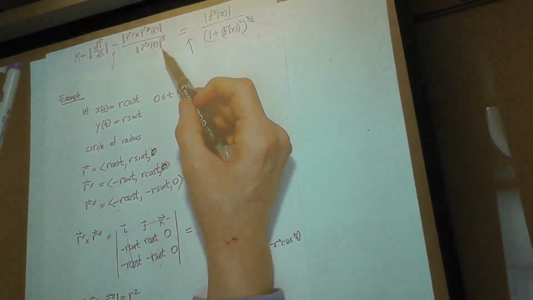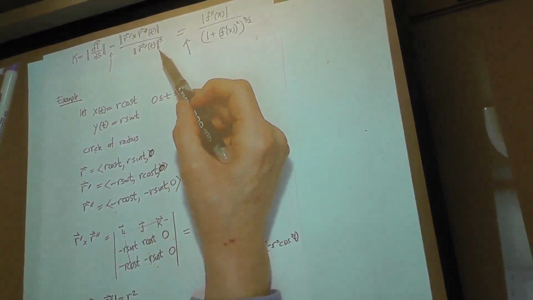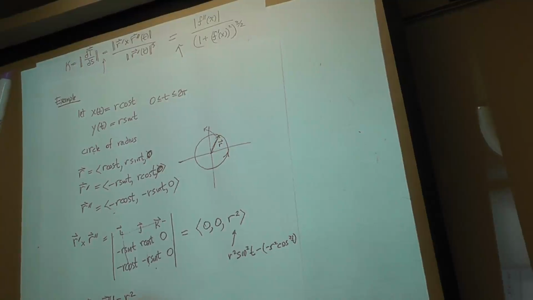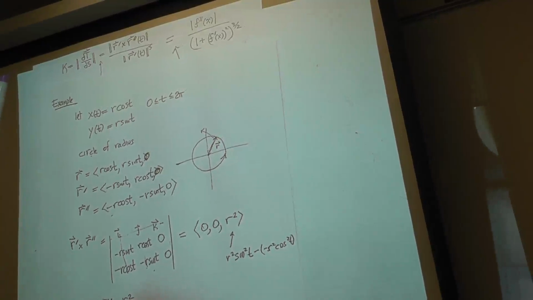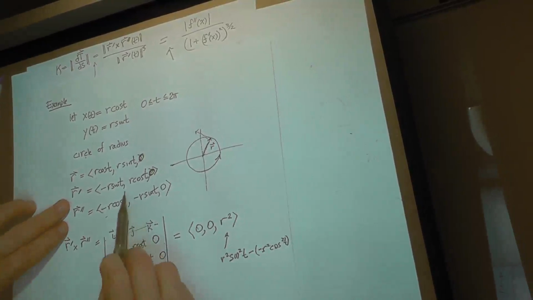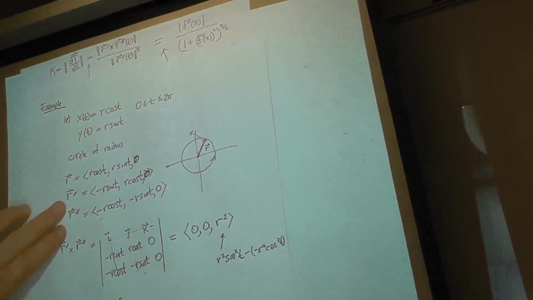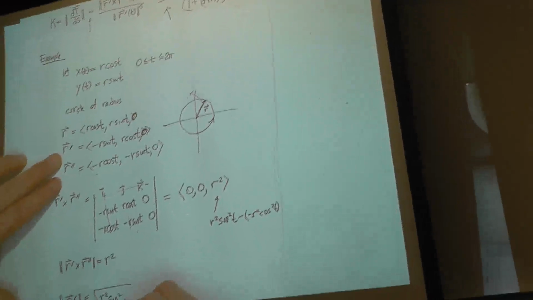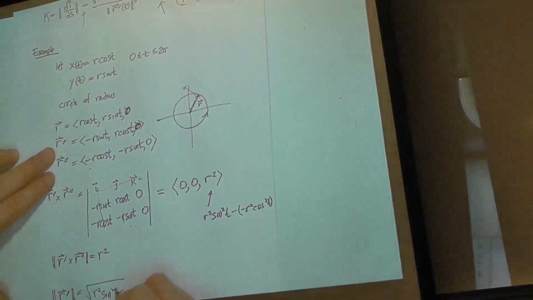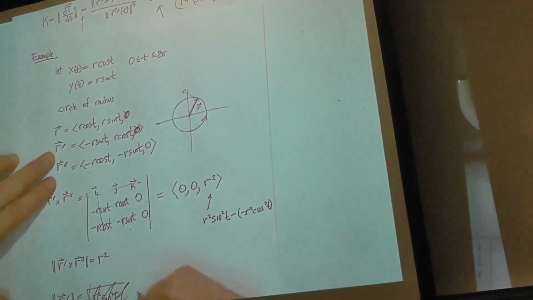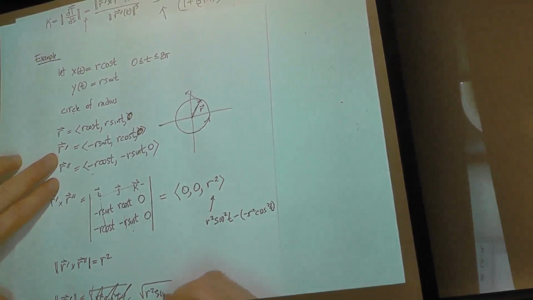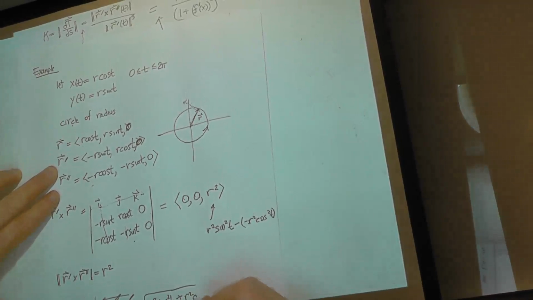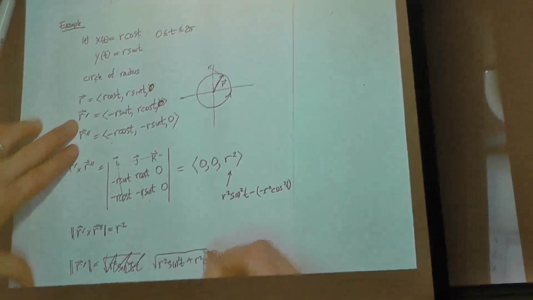In the denominator, I need the magnitude of r prime cubed. So there's r prime, its magnitude is the square root of r squared sine squared of t plus r squared cosine squared of t.